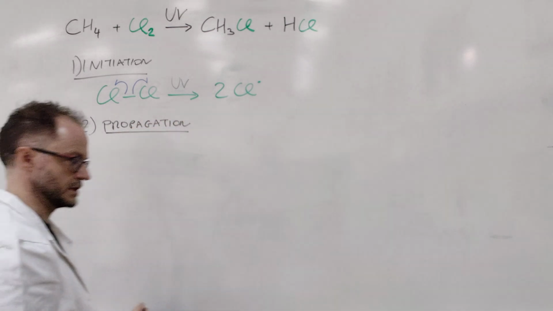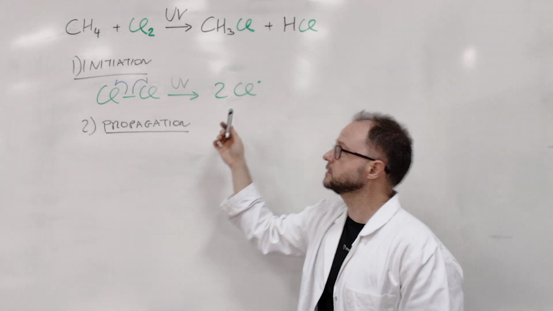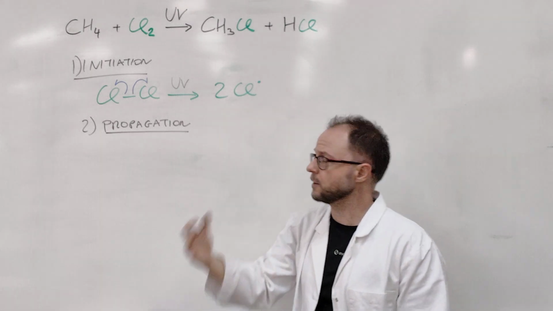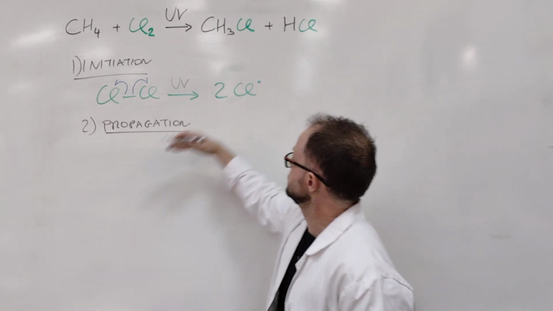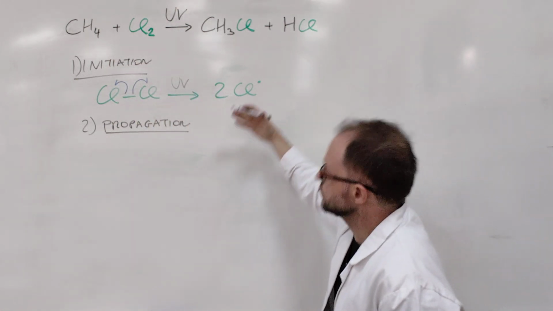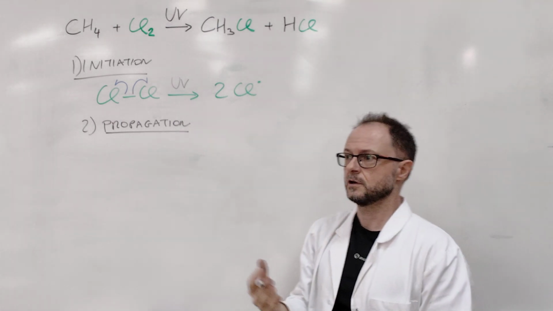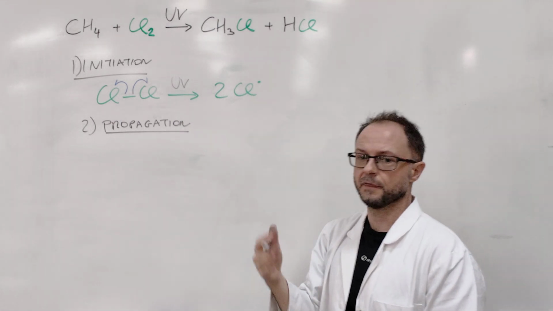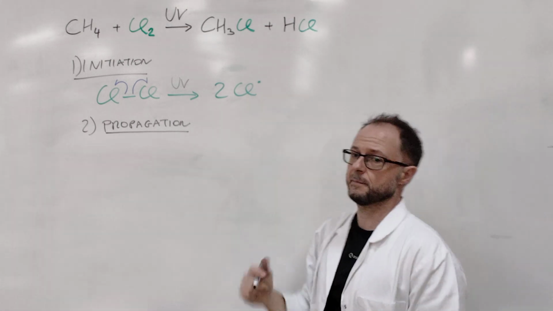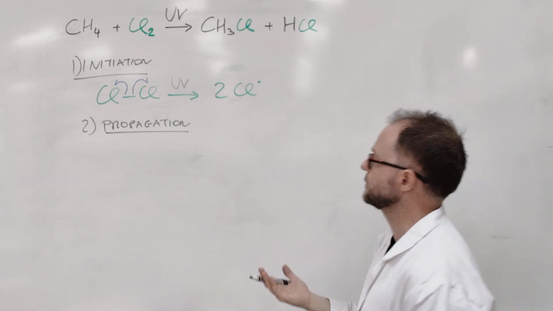How does the reaction continue? Well, the chlorine free radical is going to collide with something. Now, yes, we go straight into the mechanism. It reacts with the methane, but it could collide with anything else in the reaction mixture. It could collide with another chlorine free radical, but one, that would end the reaction, and two, not that many chlorine free radicals are generated in the first place, so it's quite difficult for that to happen.